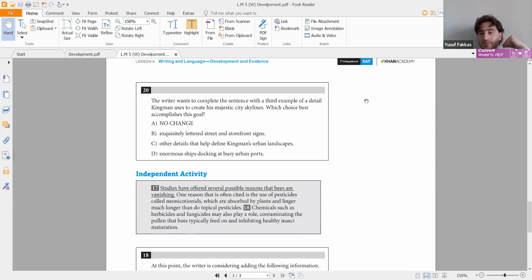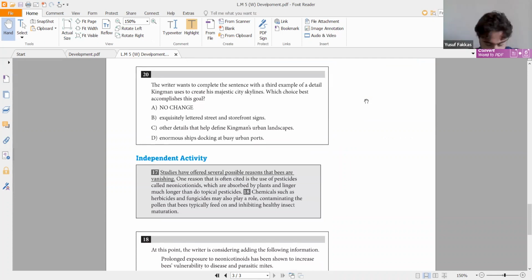So look, now focus with me here, please. Remember that in most questions of standard English conventions, we didn't have questions really, right? We just had the number and then the four options, whether to change or no change. But in development, organization, and effective language use, most questions have instructions. So whenever there are instructions, before you answer the question, you need to highlight the keywords there, okay?